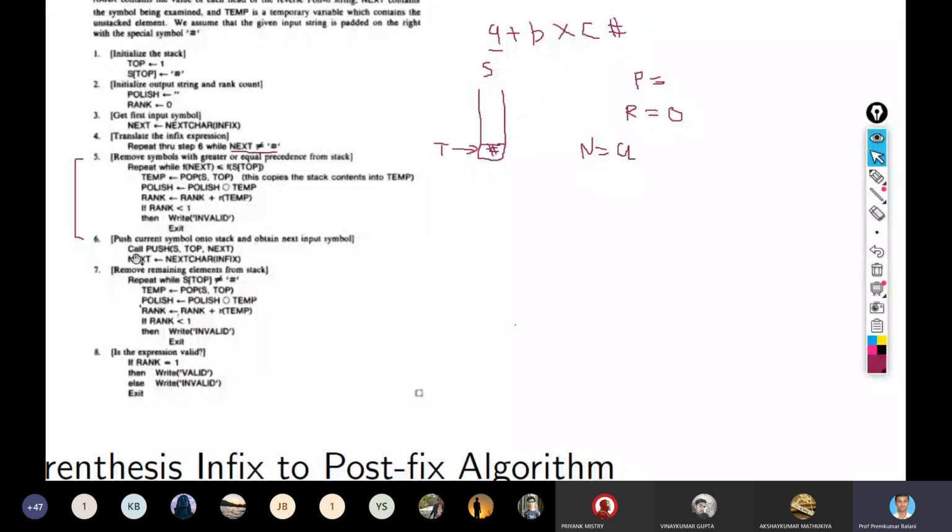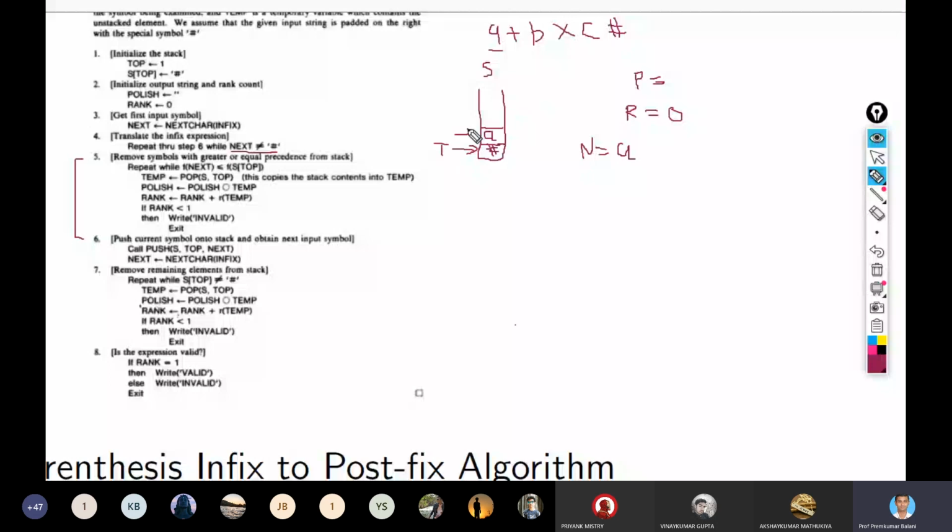Call push as top, next. So next must be pushed to the stack. There is a in the next, so this a will be pushed into the stack. When you push, your top of stack is now pointing to this.